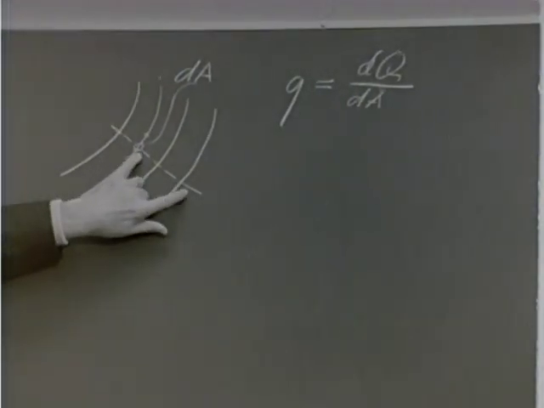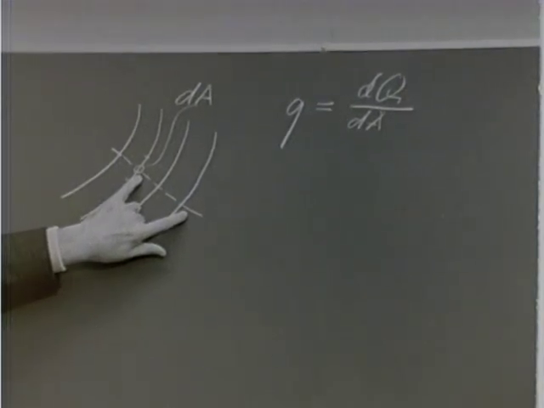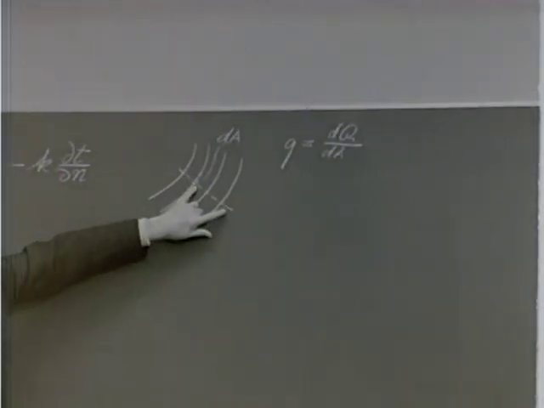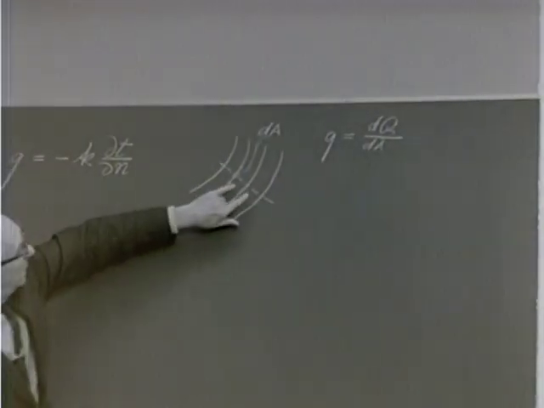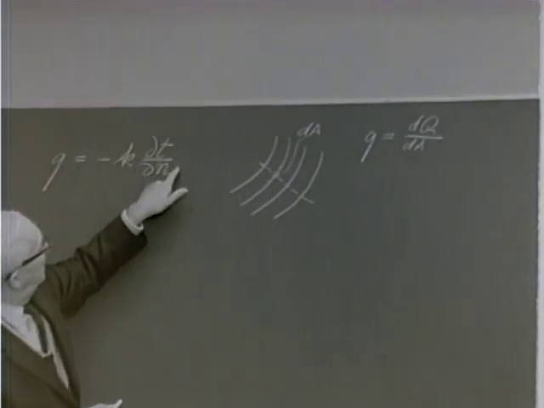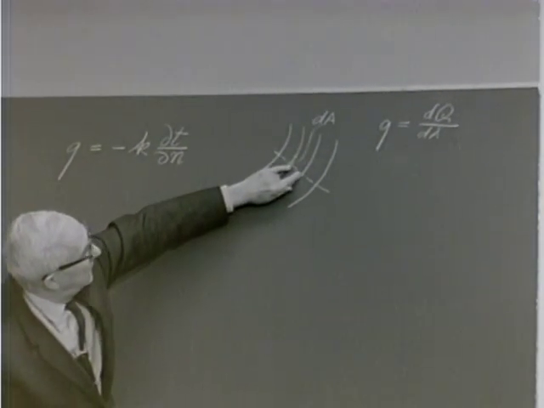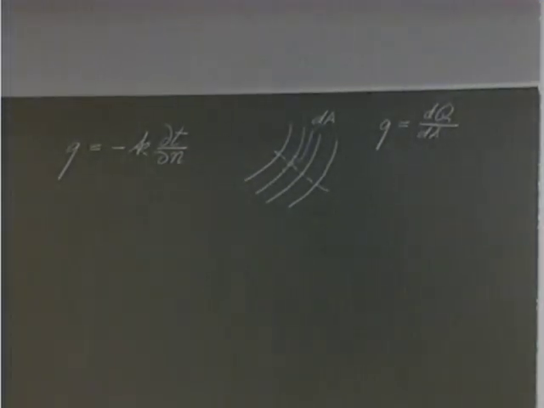We find what in this direction is the temperature variation per unit length, and that is just this quantity. We make the length again very small, so that we get the local condition there.